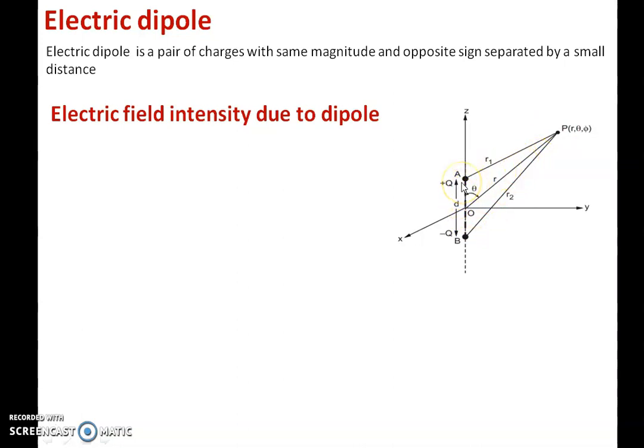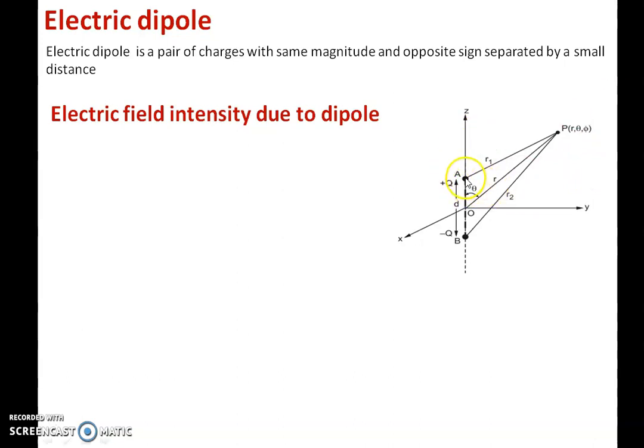Now I am placing a charge plus q at A and minus q at B, so an electric dipole is placed at points A and B. The distance between point A and point B is considered as d.